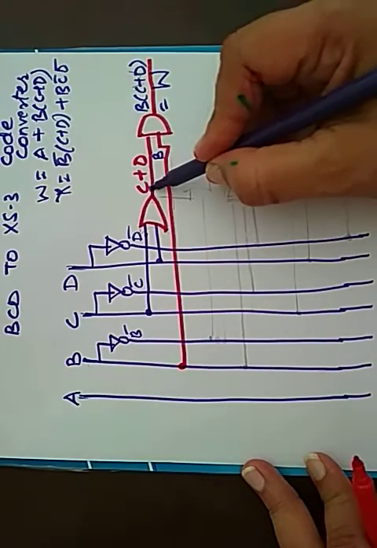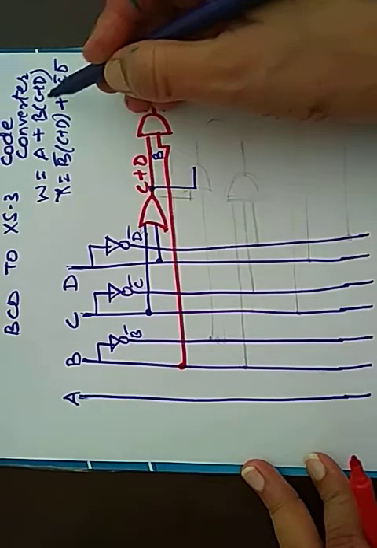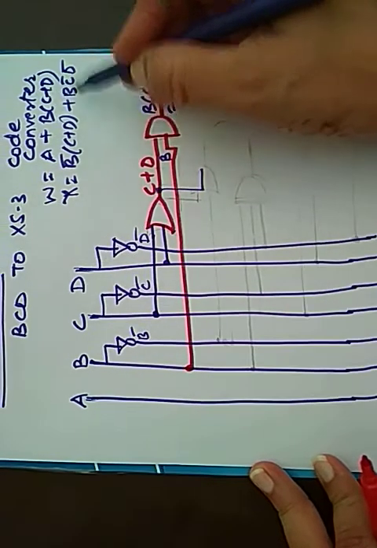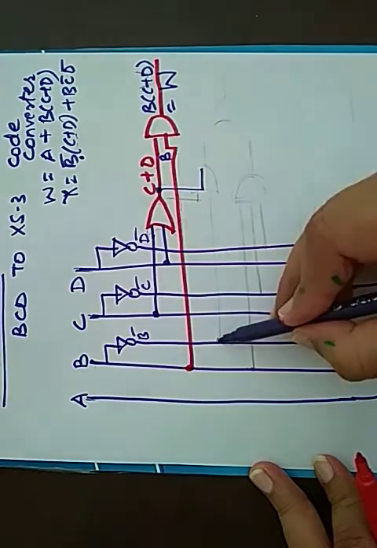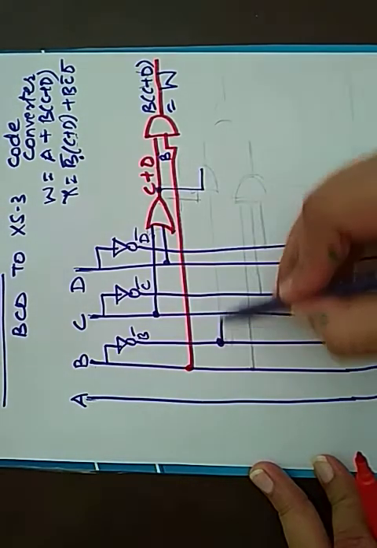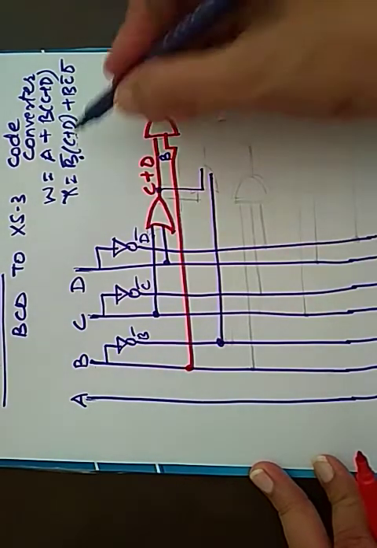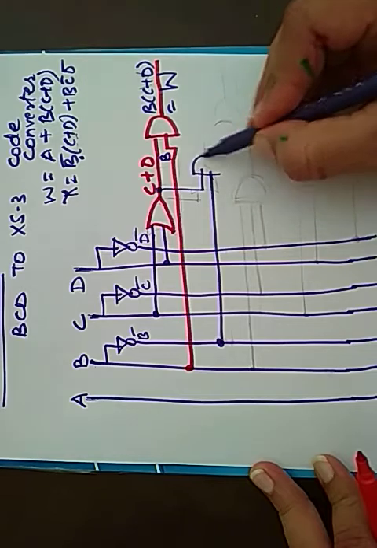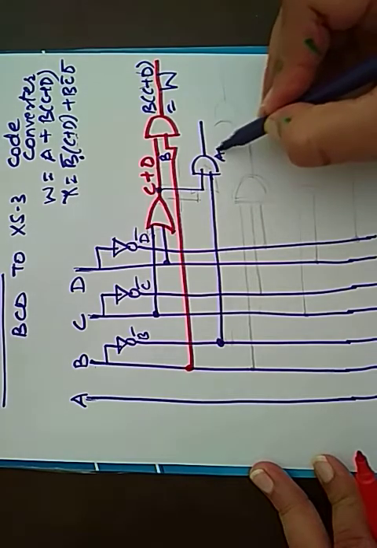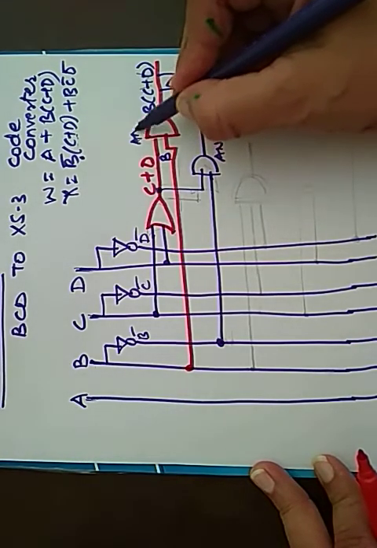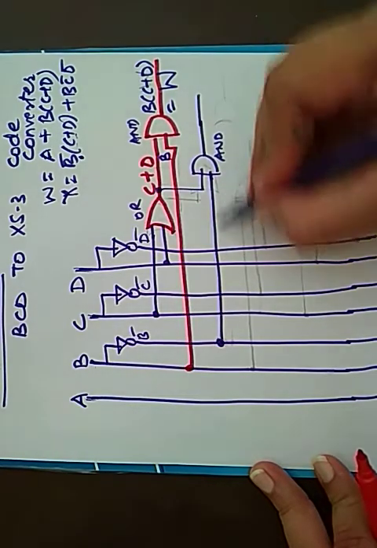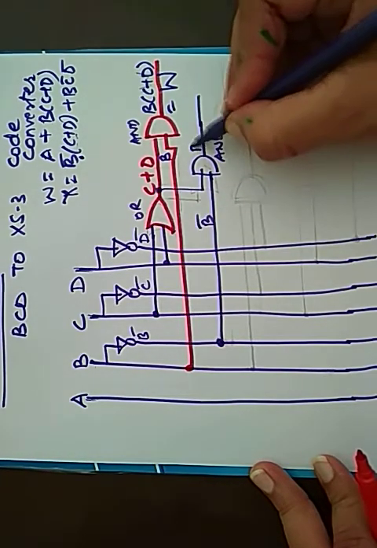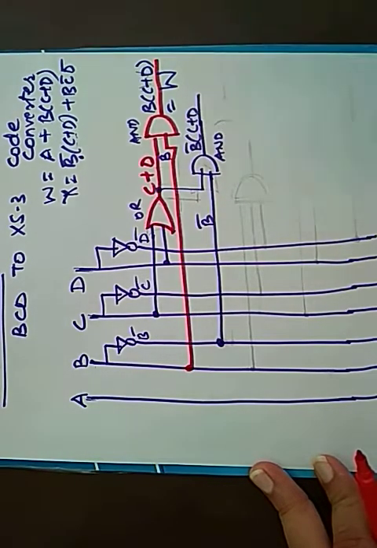So the C plus D we are having from here, C plus D dot B bar. So here's B bar. With B bar, both these have to be dotted, so you put an AND gate. Let me label this. This was an AND, this was an OR. AND gate, this will give you B bar into C plus D.